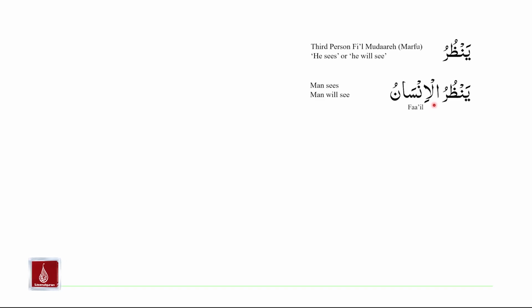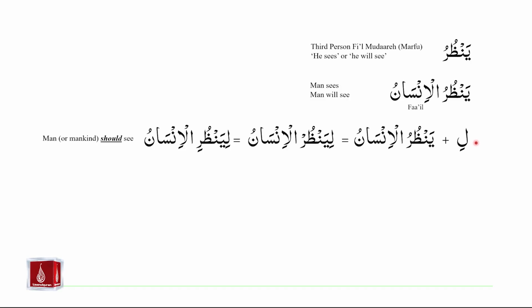Yanzuru plus al-insanu. Al-insanu is fa'il because it is marfu. Yanzurul insanu can be translated as man sees or mankind sees or man will see. Next, we can add laam-e-amr or laam of amr to yanzurul insanu and we will get the result of liyanzur al-insanu, which can be written as liyanzuril insanu.